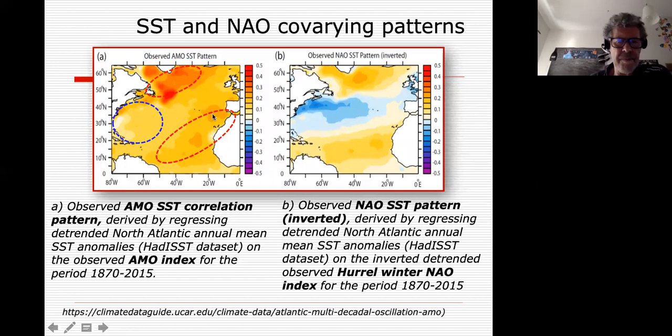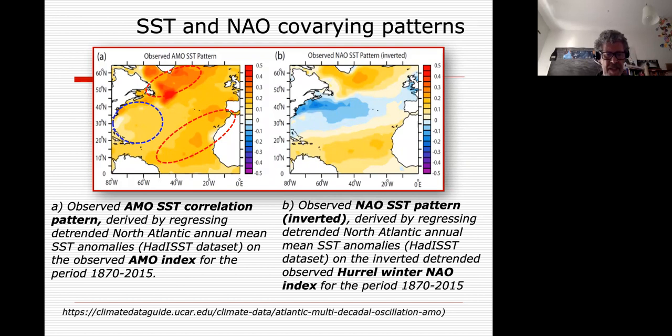And then you have a negative area, which is along the American East Coast and the Caribbean islands. So this tripole is quite a well-established SST pattern correlated with the AMO index.